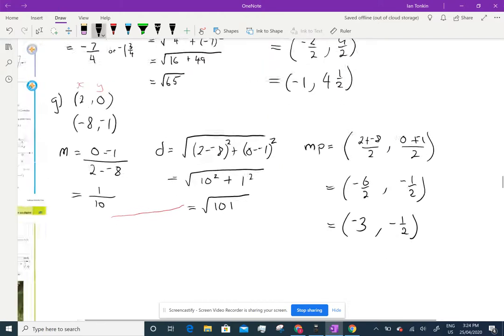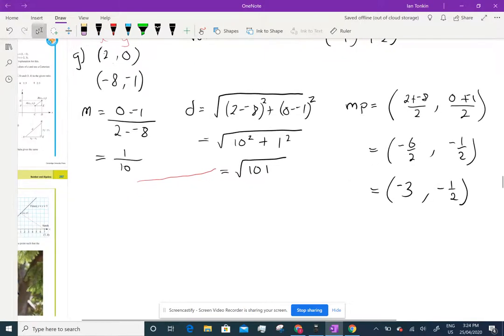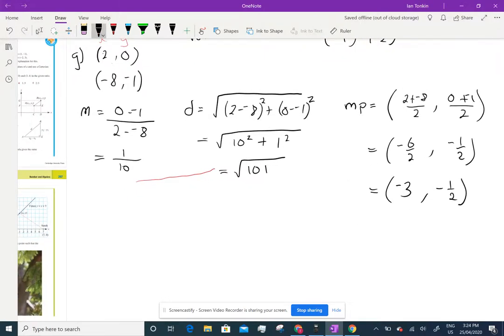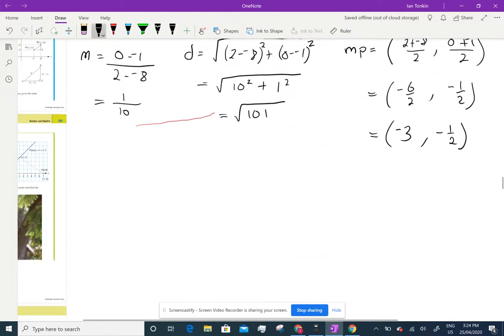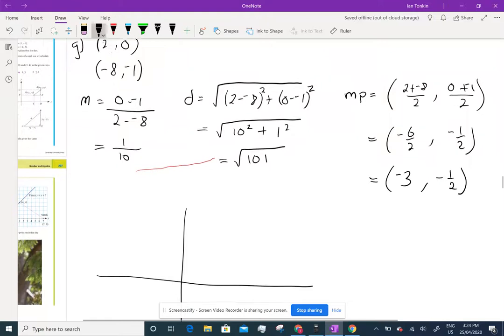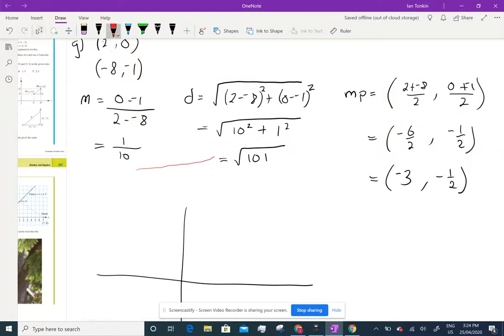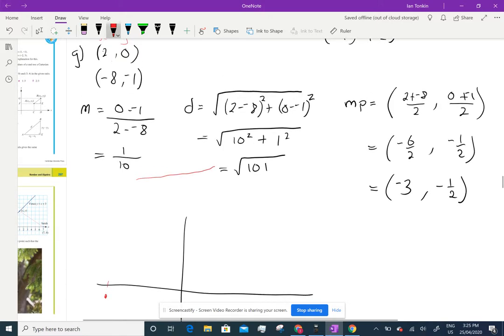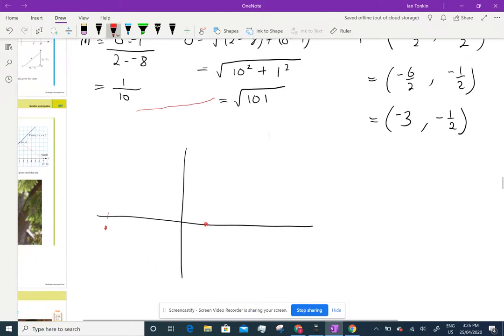So I'm just going to plot these 2 points to make sure that I've got them. But you should be right. I already know the root 101's right because I've checked the answers in the back of the book. So where are these 2 points? The first one, negative 8 and negative 1. I'm only doing this to get an idea. Somewhere around there. And 2 and 0 is somewhere around there.